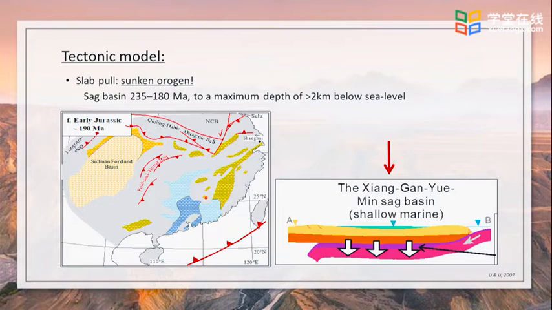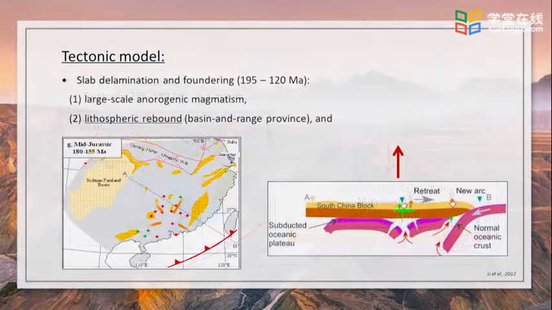During this time, a maximum depositional depth of more than 2 kilometers below sea level is expected. The Middle Jurassic exhumation and magmatic events are interpreted in this model by slab delamination and foundering, which created large-scale anorogenic magmatism and lithospheric rebounding.